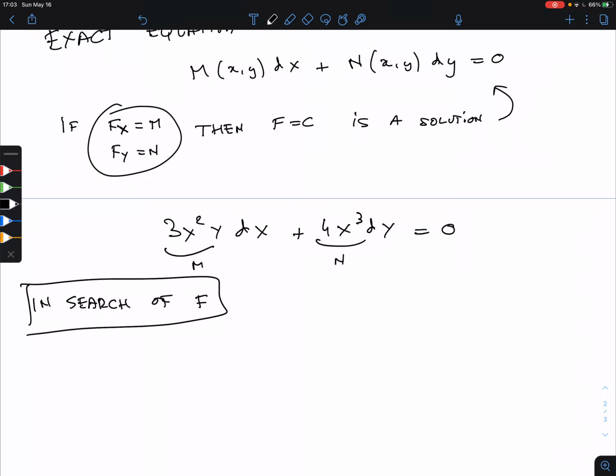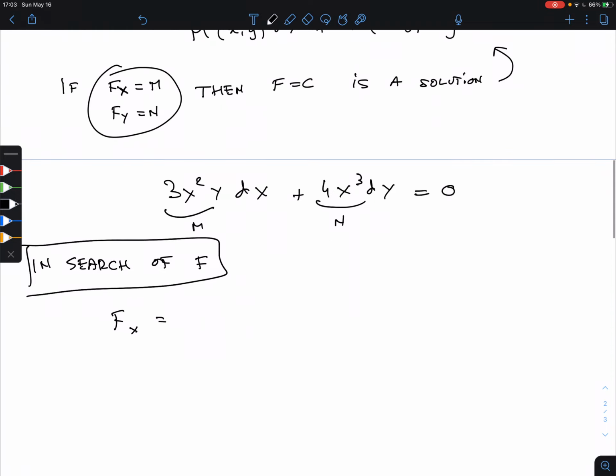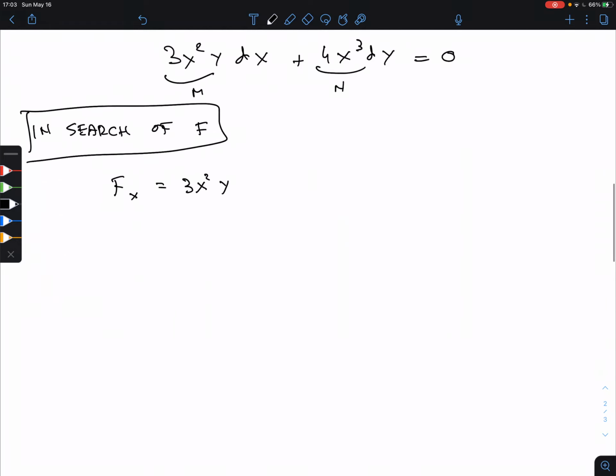So the condition was, remember, that the partial derivative with respect to x should be this M, that should be 3x squared y. So what would f then be? Well, let's do the undo of the partial derivative.